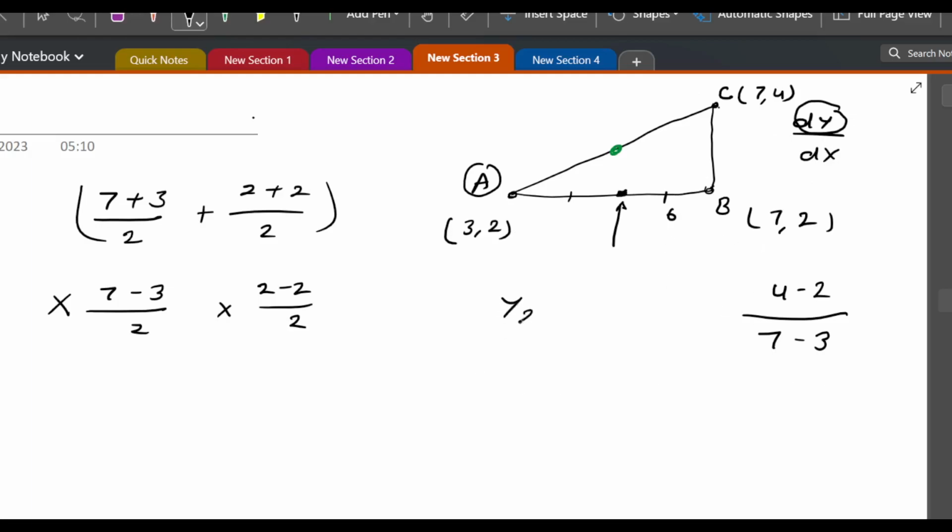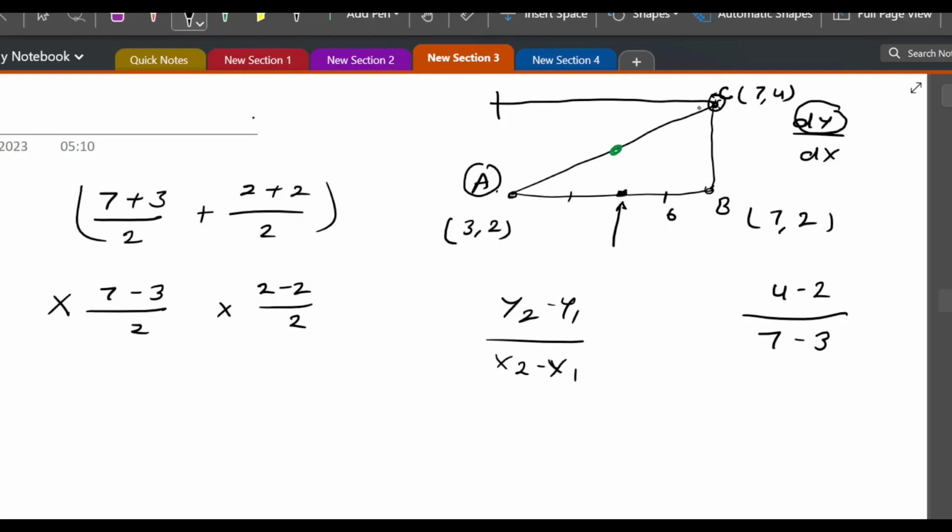So this is how I got the formula: y2 minus y1 divided by x2 minus x1. The difference in x is the length from A to B, so I simply find the difference in x coordinate, which is 7 minus 3. This is how the gradient formula is y2 minus y1 divided by x2 minus x1.